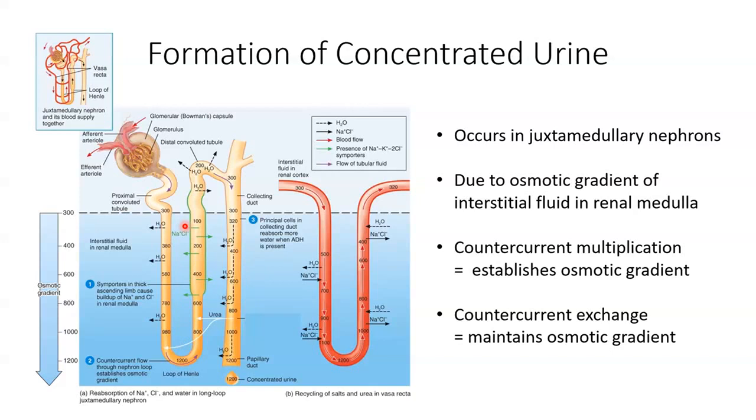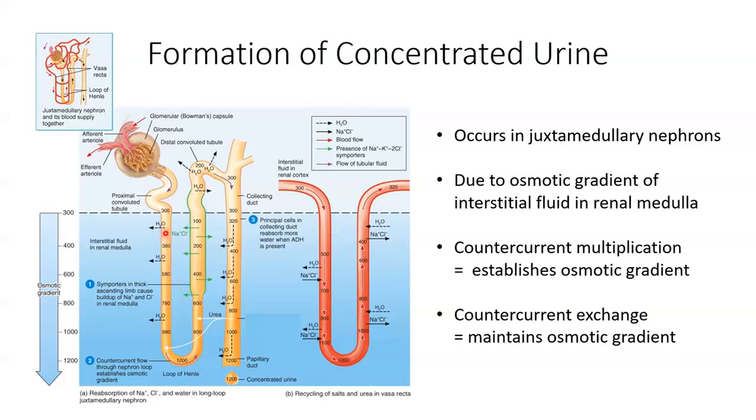In response to the increased osmolarity or the increased concentration of this interstitial fluid, water in our descending limb of the nephron loop, which is permeable to water, then moves out of the tubules to kind of equalize that concentration of the fluids. This increases the osmolarity of the filtrate left behind. So we have sodium and chloride being actively pumped out here into the interstitial fluid.